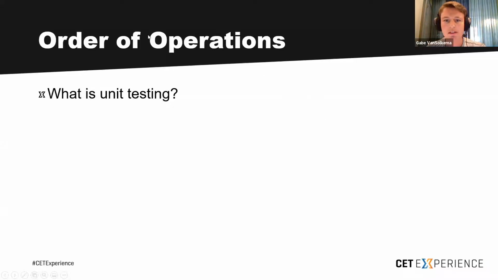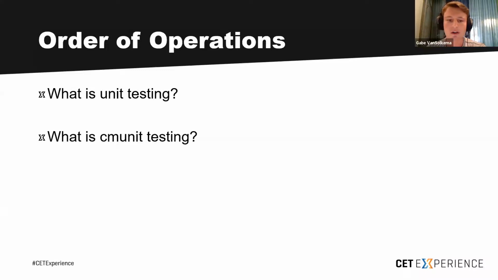So the order of operations, I'm going to be talking about unit testing in general. So what is unit testing? Why would you want to use it? Where is it already used in the world? And then I'm going to talk about, what is CM unit testing?